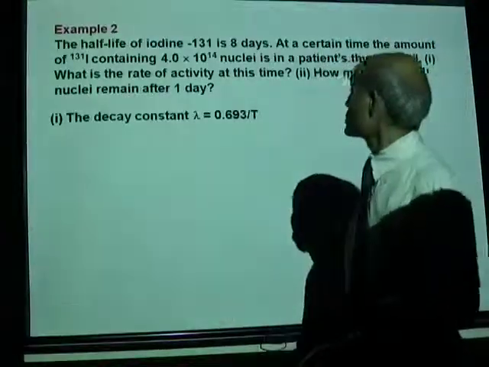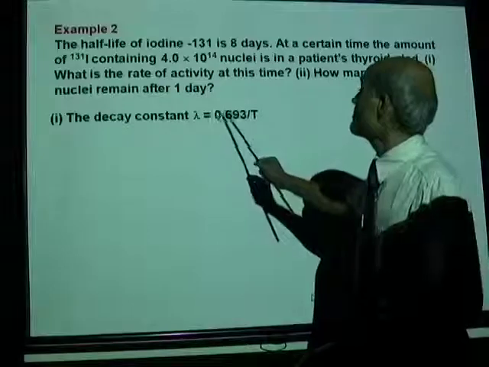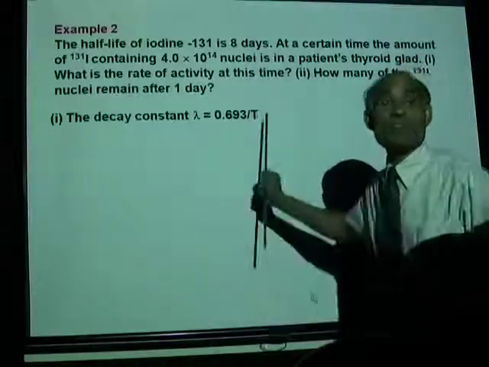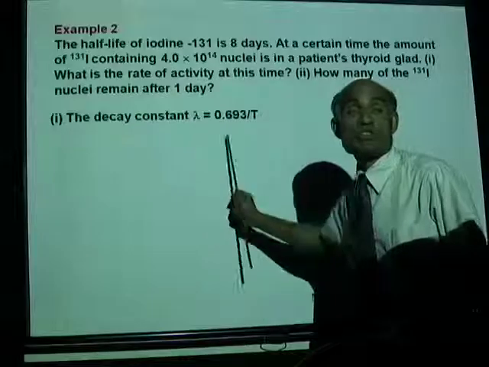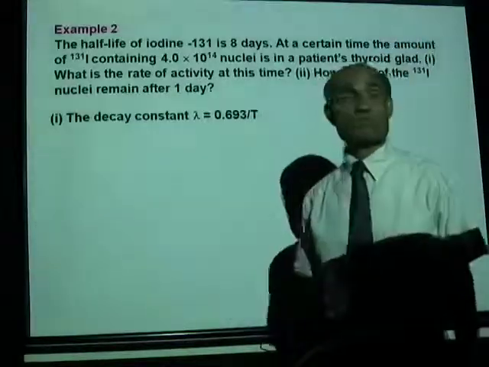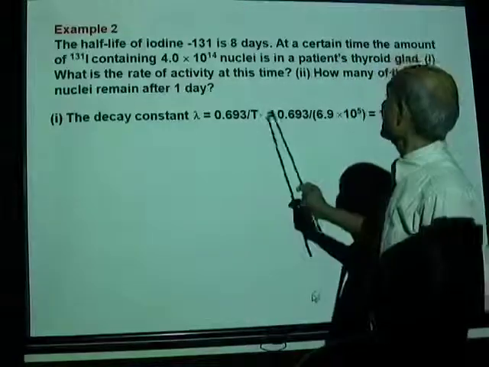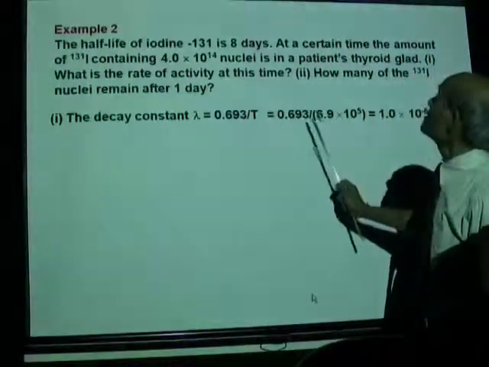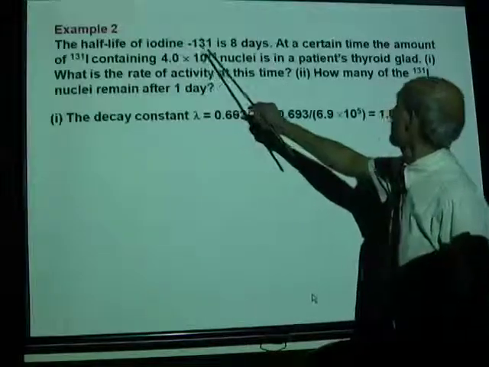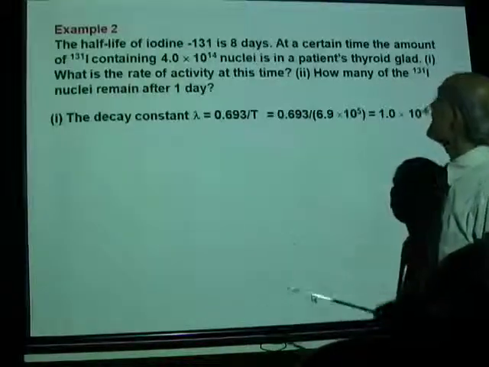The decay constant is lambda equal to 0.693 divided by the half-life. This is the relation we established in the beginning. So that will be very useful. And in this case, we know the half-life. Is that right? The half-life of iodine is 8 days.